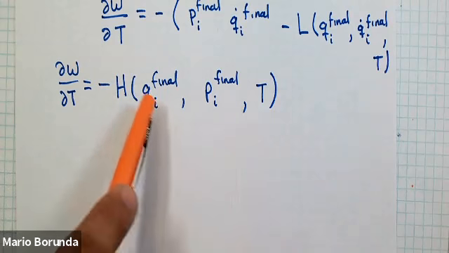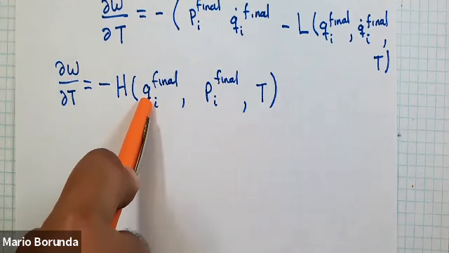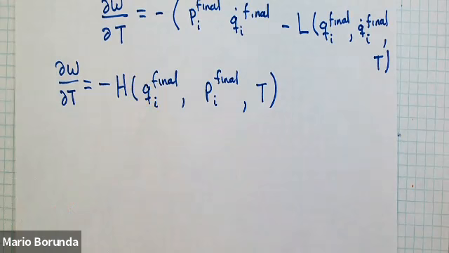This is the only position, qi final. So we don't have to differentiate anymore between what qs we're talking about, what time we're talking about, and we can just drop those superscripts and just call the capital T just time.